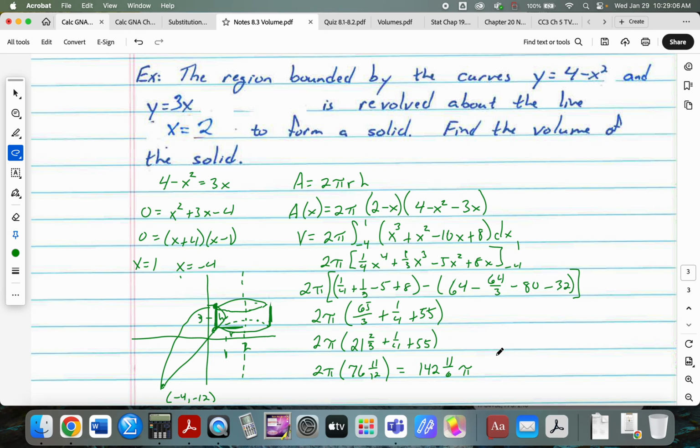So I'll grab my calculator and wake it up and say, hey, do this for me. First, I'm going to figure out what is 142 and 11/6 times pi. 451.866.